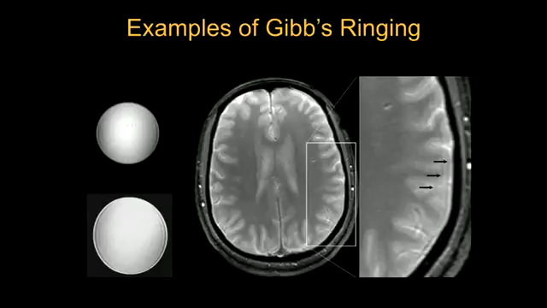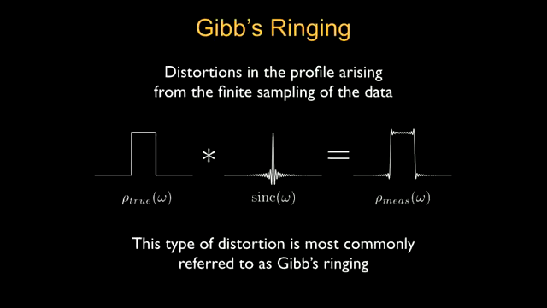So how do we get rid of the Gibbs ring? Do you know? Right. How do we get rid of it? Make it smoother.